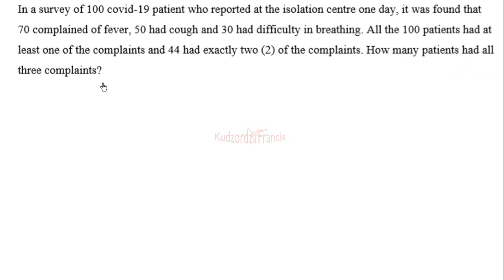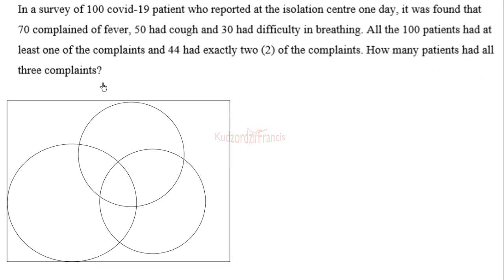So we can use the Venn diagram to make this easy for us to solve. So here is our Venn diagram. We're told that 70 complained of fever and 50 complained of cough. So we are using the initials.